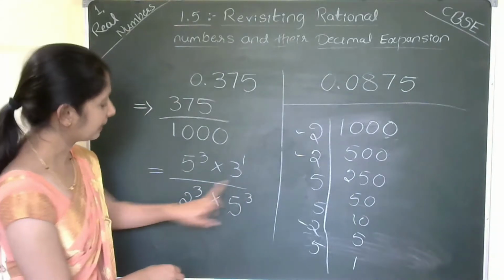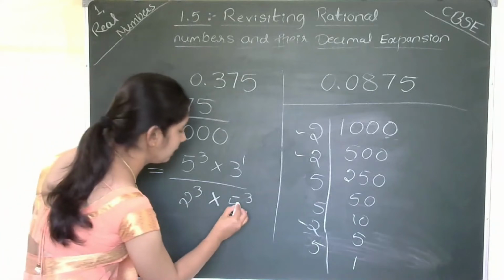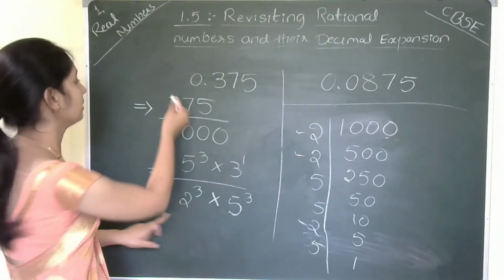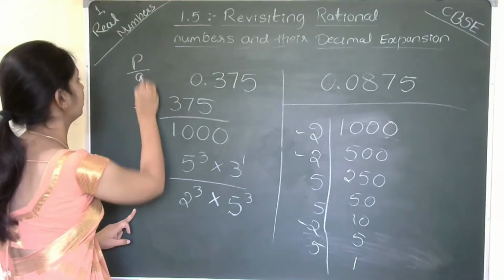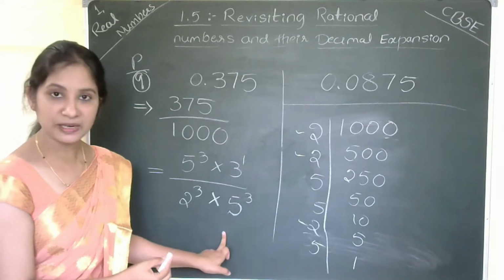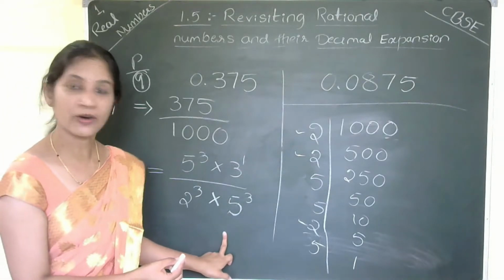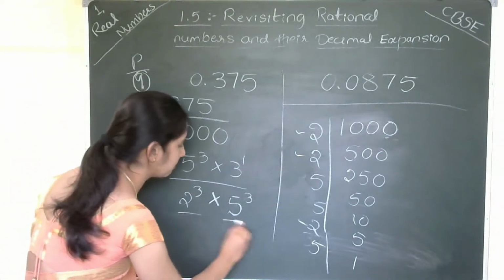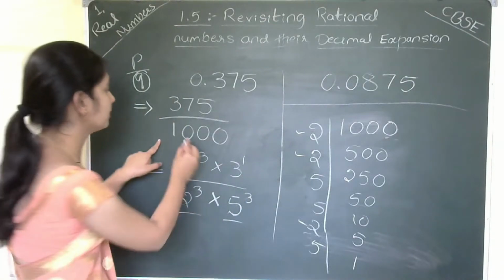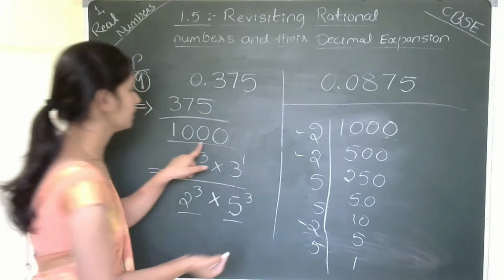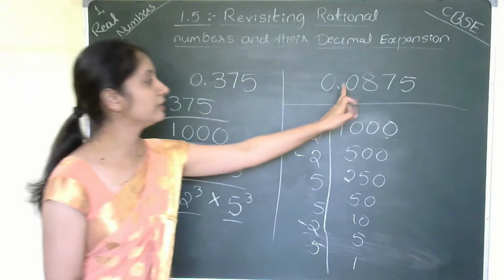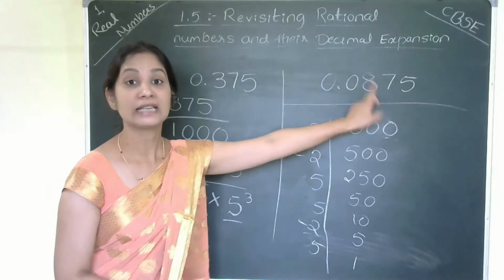Now I can say that any number, especially the denominator, that means in the form p by q, I am talking about q now, q can be expressed as a power of 2 and a power of 5. Why 2 and 5 only? Because the denominator is in base 10 form, like 1000 or 10,000.